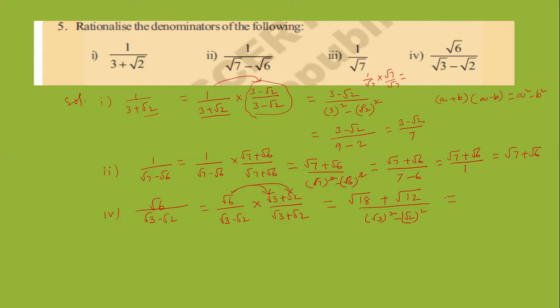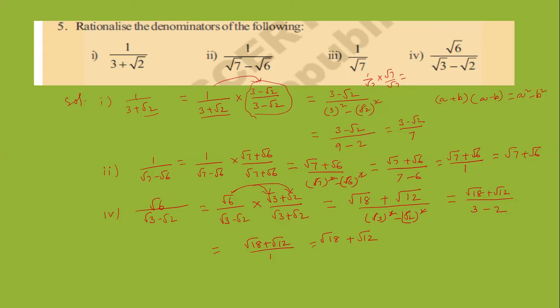In the numerator part, you write root 18 plus root 12. In the denominator, you cancel this square symbol and square root symbol. What you get is 3. In the second term, you cancel the square root symbol, that is 2.